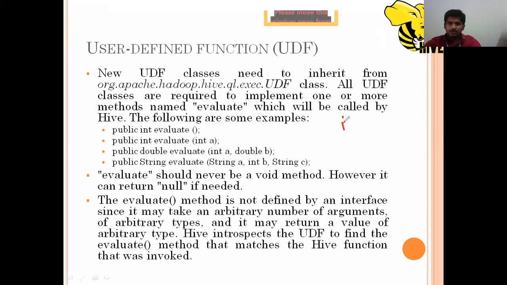For example, if I write int a, that is a variable declaration. But if I write int a of, what is the meaning of this? Here a is a function.